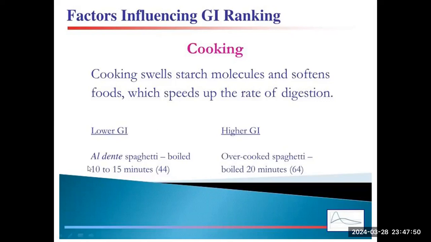Spaghetti boiled 10 to 15 minutes gives you a glycemic index of 44%. Overcooked spaghetti boiled for 20 minutes gives you a higher glycemic index, because it helps the enzymes digest the overcooked food.